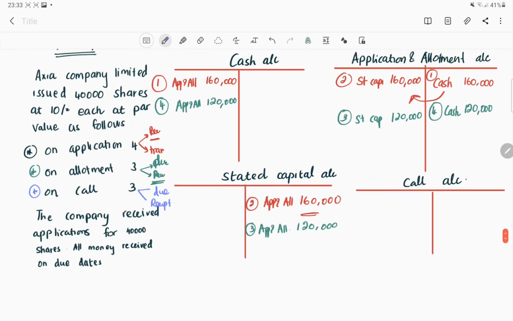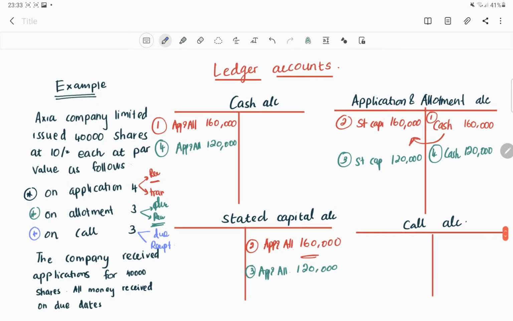So in order to do that, in my call account I'm going to debit 120,000 and I'm going to credit my stated capital account by 120,000. This would be my fifth entry. And here call account, and here stated capital.